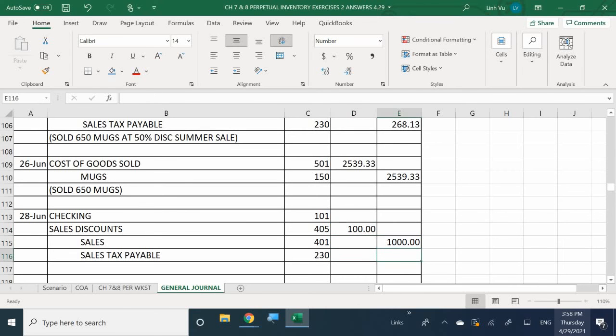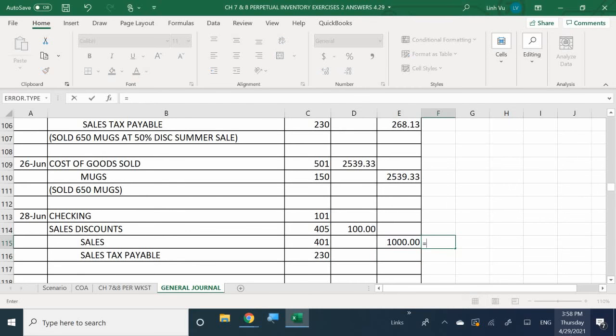Perfect. So then this is where I have to do my calculation. I'm going to do it on the side so it's a little easier. So it should be for $900. So what is my tax that I'm going to be collecting from him? 74.25.